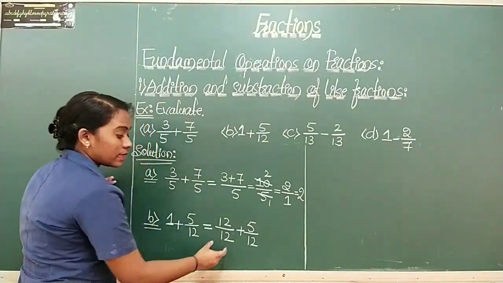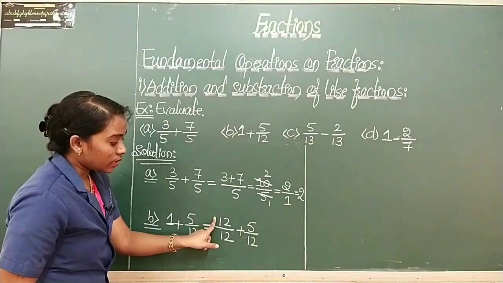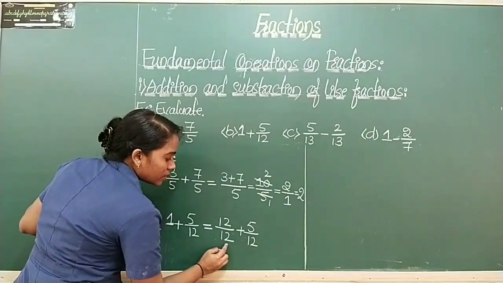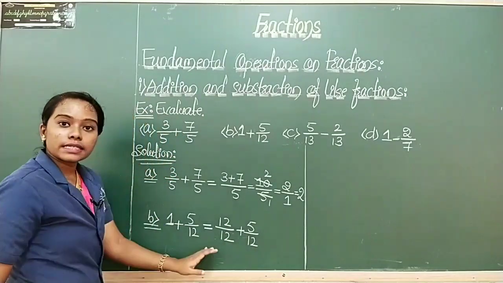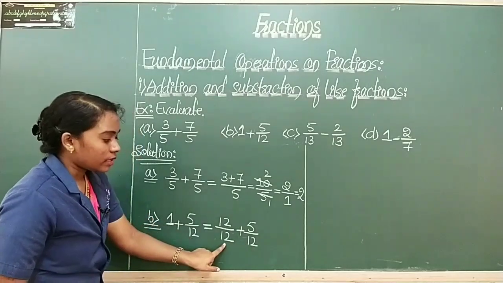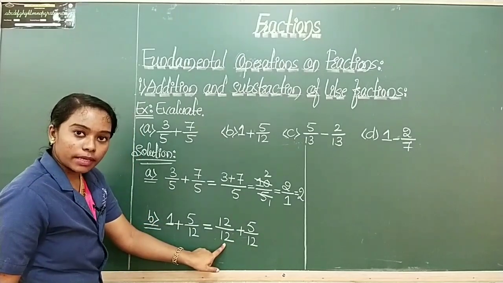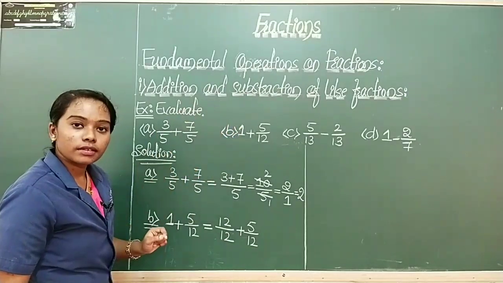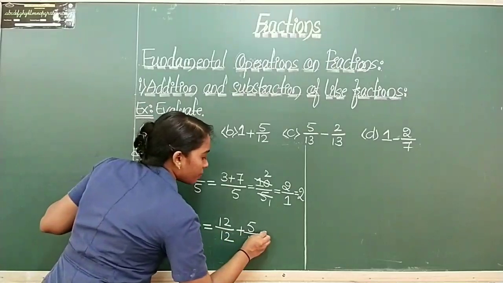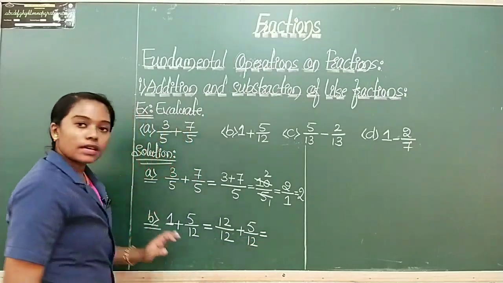Why we have to write 1 in terms of 12 by 12? Because to get the denominator same. See here, 12 and 12. They become like fractions. Then it is easy for you to add. Now, the denominators are same.